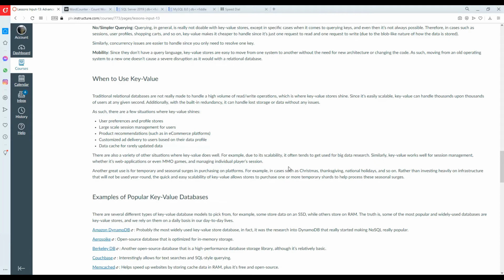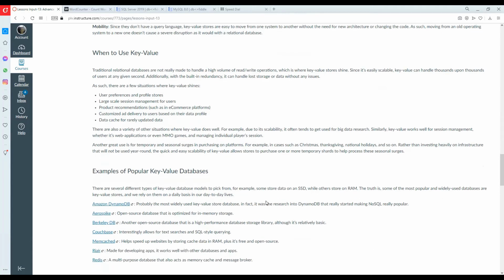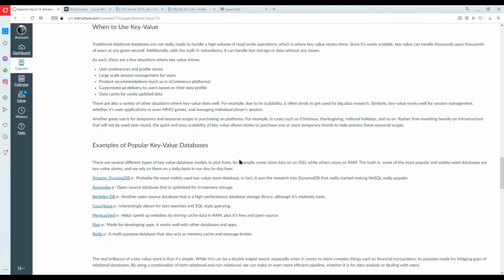For example, due to its scalability, it often tends to get used for big data research. It also works well for session management, whether it's a web application or MMO games managing individual player sessions. Another great use is for temporary and seasonal surges in purchasing on a platform.